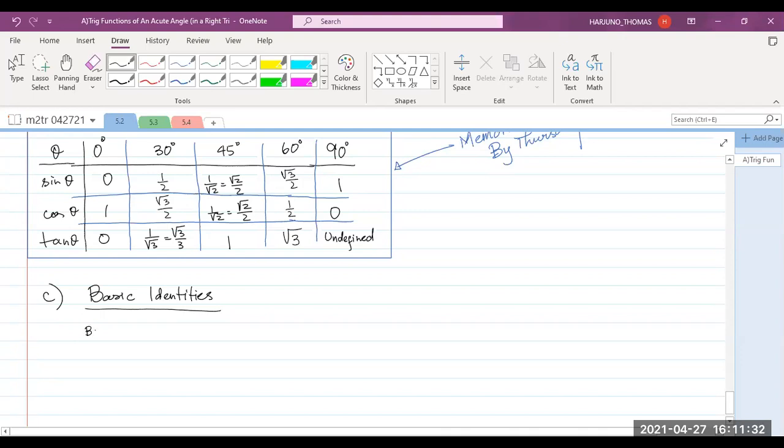So for example, B1, the basic identity, the first group. That's the group of ratio and reciprocals. Tangent theta is sine theta over cosine theta.